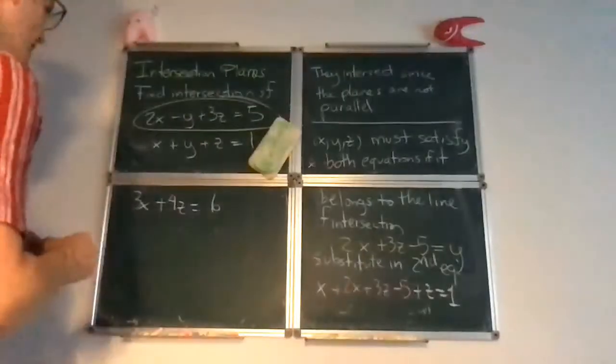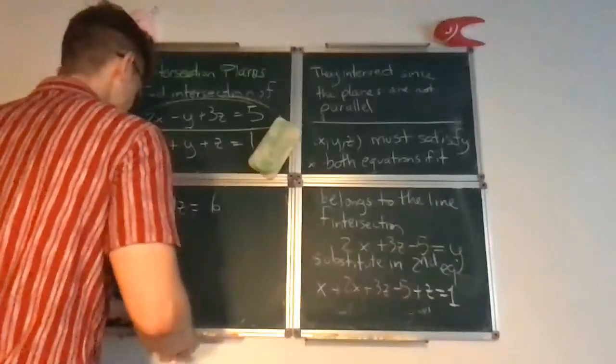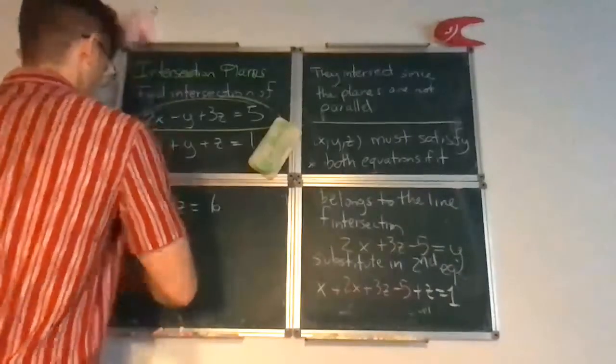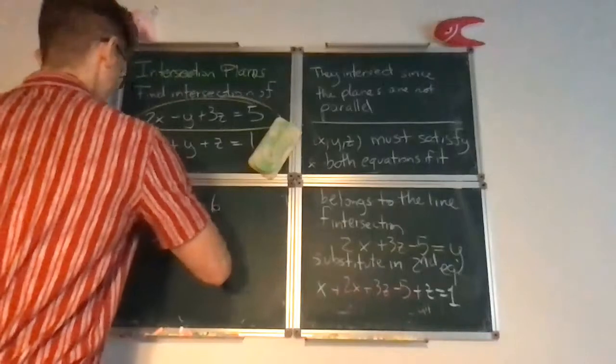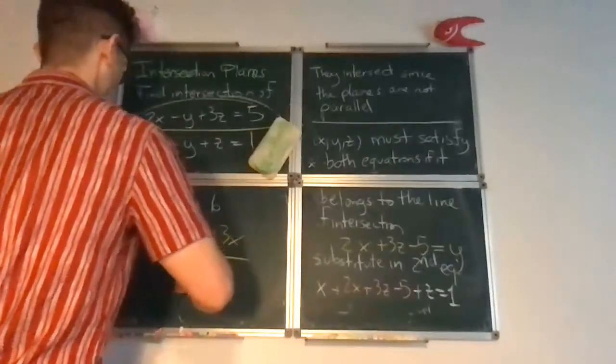And so, for example, that tells you that z equals (6 minus 3x) over 4.